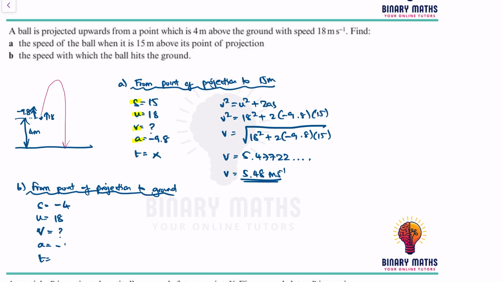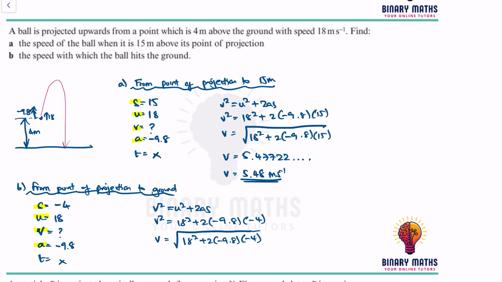Acceleration is minus 9.8. We don't know what t is. So we've got S, U, V, and A, which means again V squared is equal to U squared plus 2AS. V squared is equal to 18 squared plus 2 times minus 9.8 times minus 4.